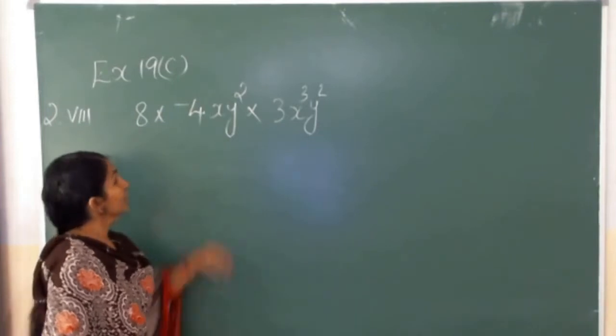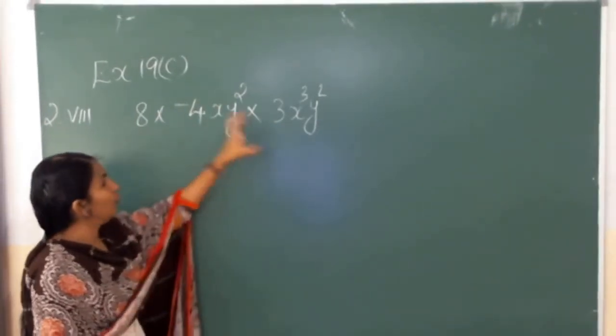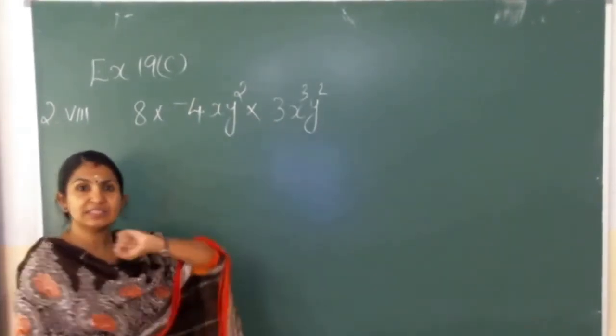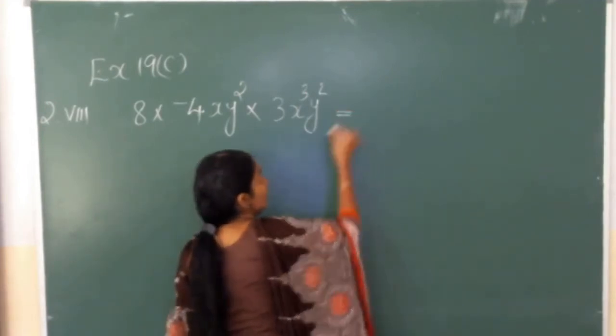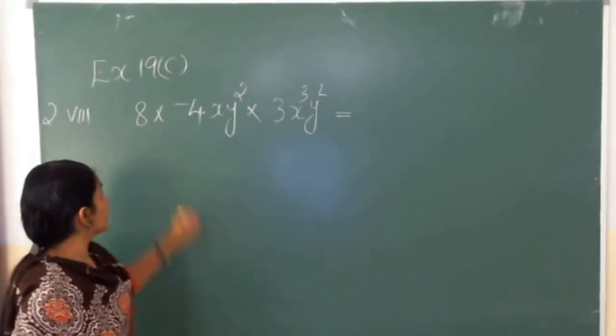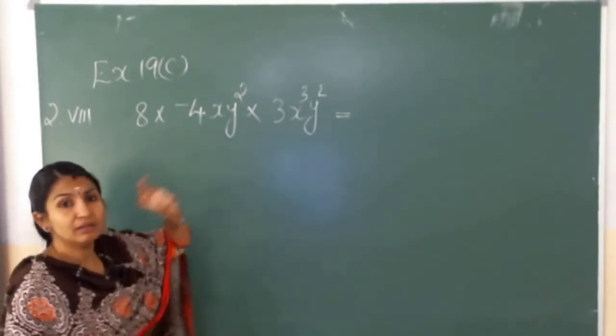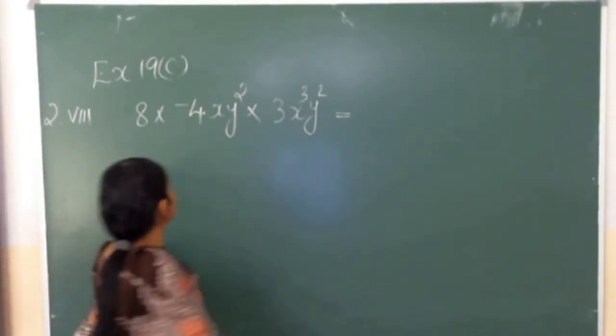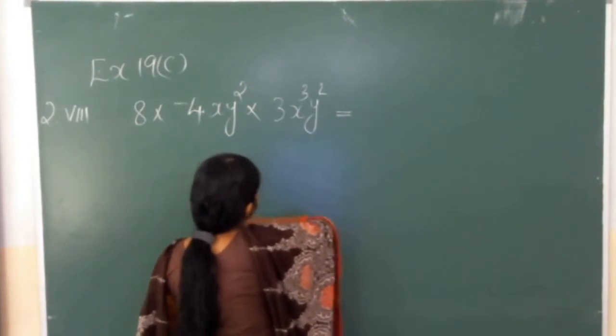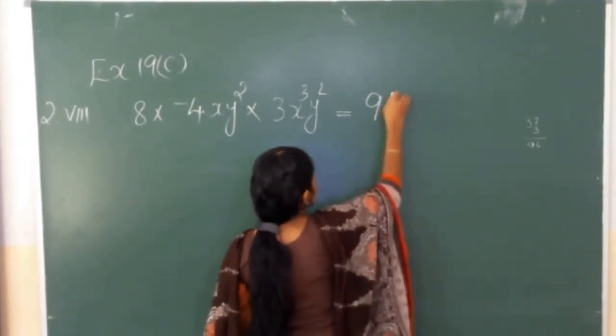In this question 8, 4, 3, there are 3 constant terms. So just multiply all those constants. 8 4s are 32, into 3. So we wrote 96.